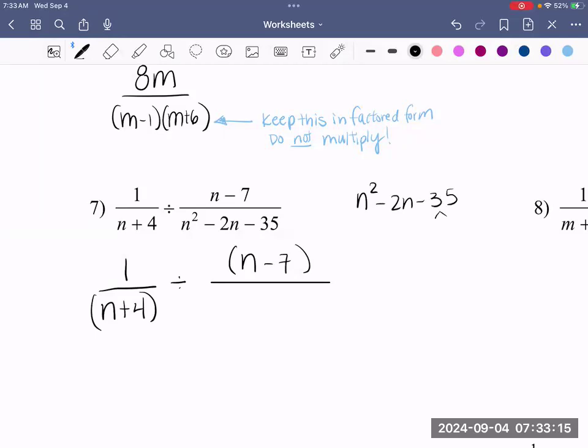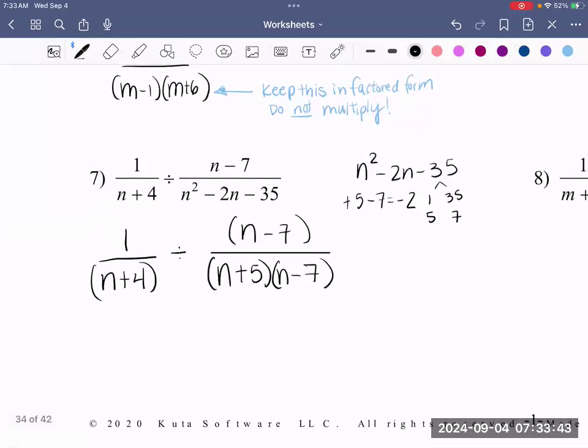So factors of 35, 1 and 35, 5 and 7. So 5 and 7 can get you to a negative 2 if and only if we subtract the 7 and we add the 5. So the bigger number always gets the sign, little tidbit. And because it's simple factoring, we can just put it right into the expression.